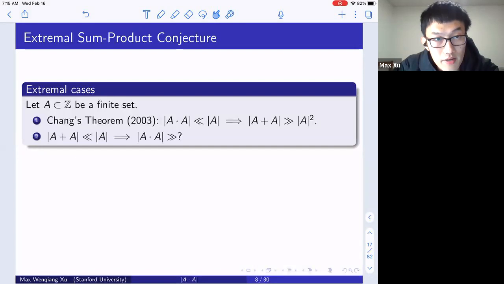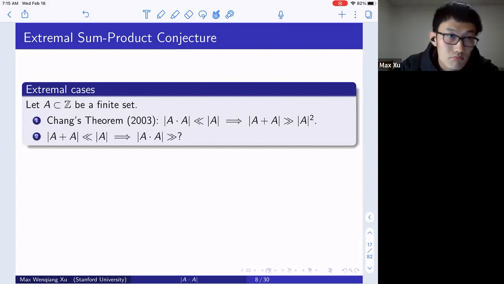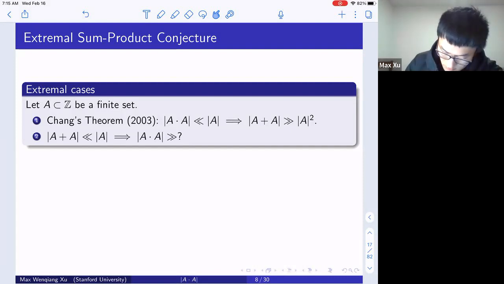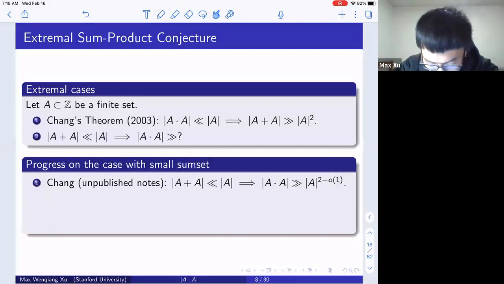And in another direction, now if we assume that A plus A is small, what can we say about A dot A? This question has been studied before, and you can find this paper on her website, I believe.